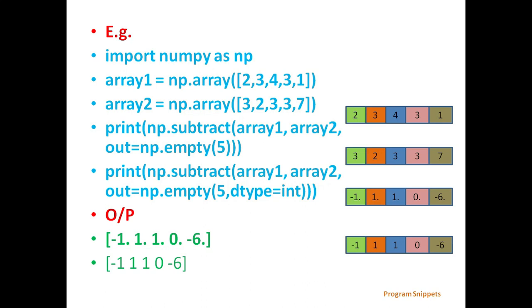And if we give np.subtract array 1, array 2 with out equal to np.empty(5, dtype=int), it will give the output as -1, 1, 1, 0 and -6. That is, if the type of array is not specified, the return value is float, and if the type is specified as integer, it will return an integer type array.